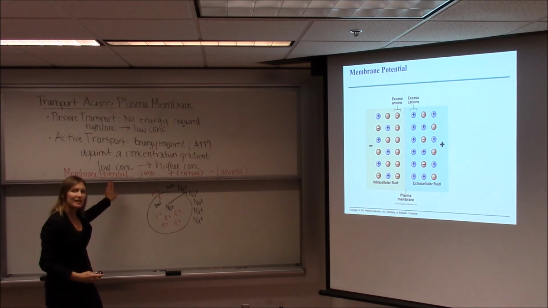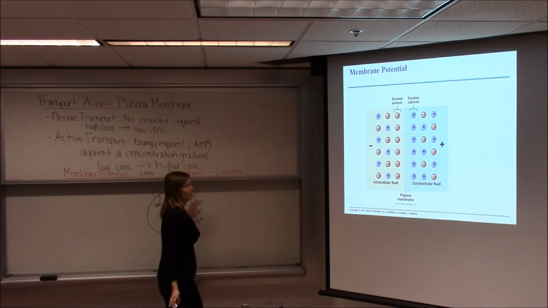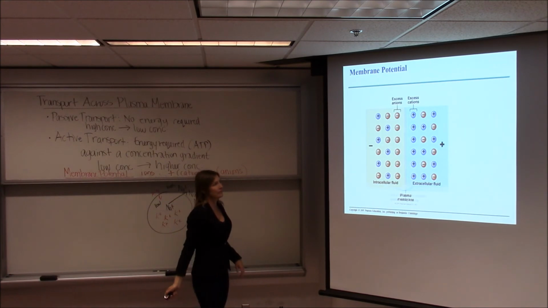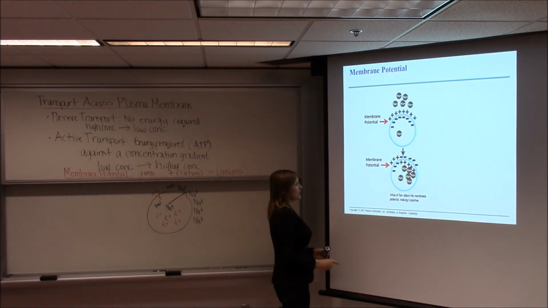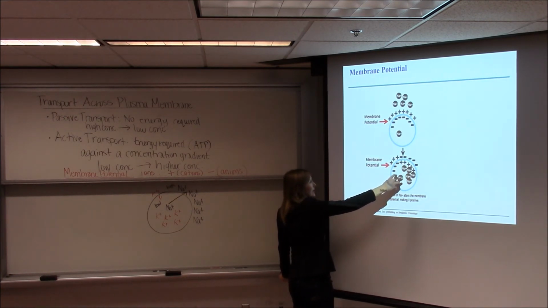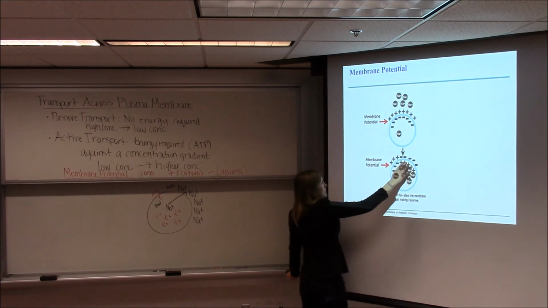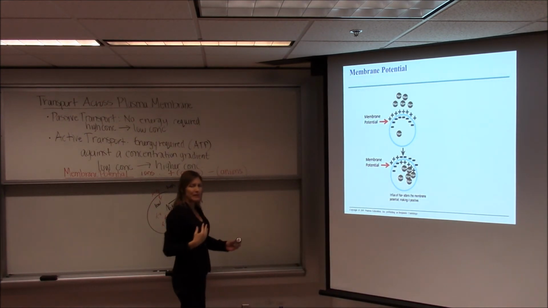That is going to be very important to understand if you take physiology, also anatomy. So this is just another way of showing that same thing. Positive on one side of the membrane, negative on the other, and we can change that. We can move those sodium ions in and change that negative environment to being more positive, changing that membrane potential.